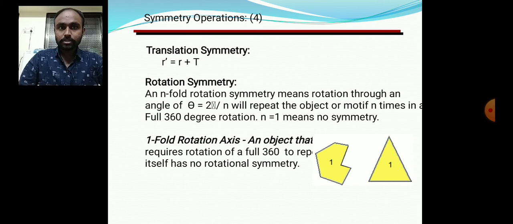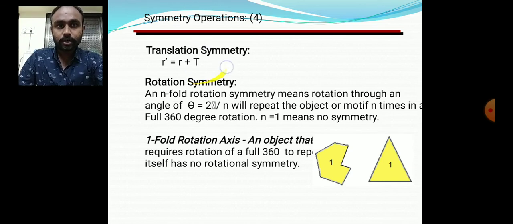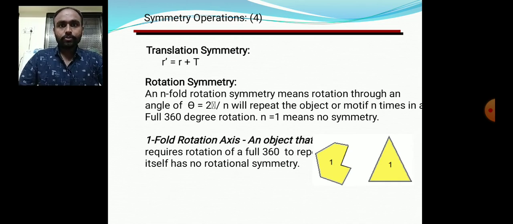So r' is the new position, r is the old position, and T is the change, which is made with the help of unit vectors a1, a2, a3. We call them translational vectors.